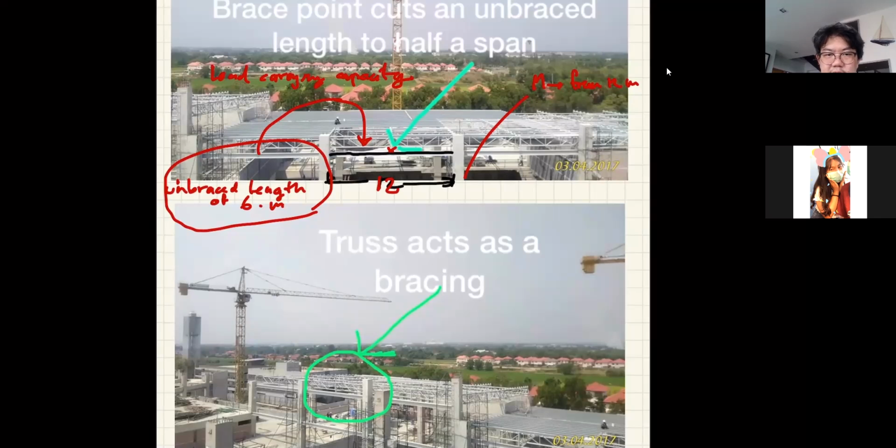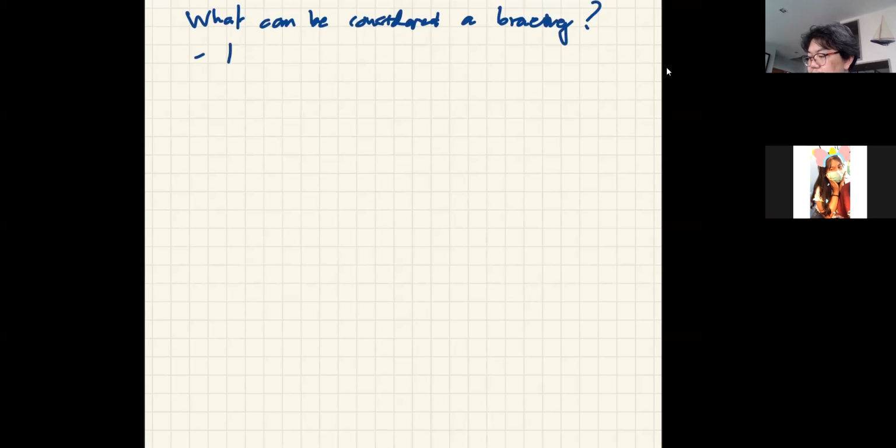One more thing I like to talk about is that you should question what can be considered the bracing. Say in compression members, what you have is the global buckling of the member, which you can say is lateral buckling.